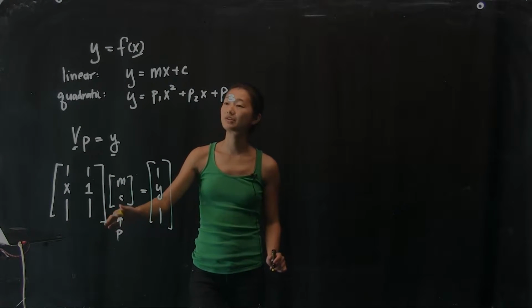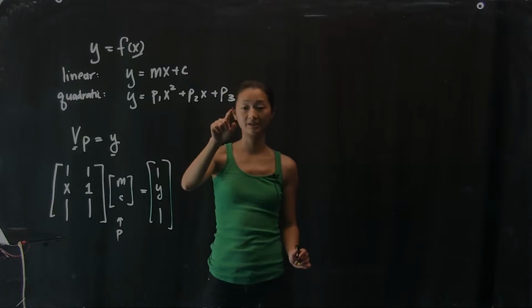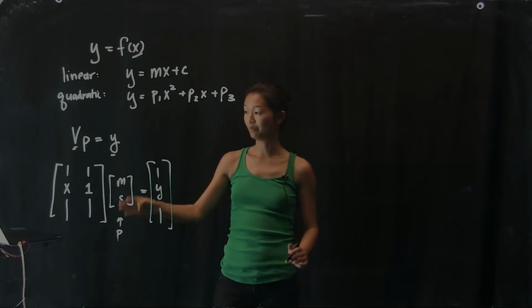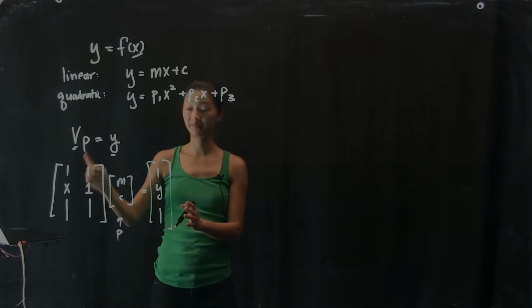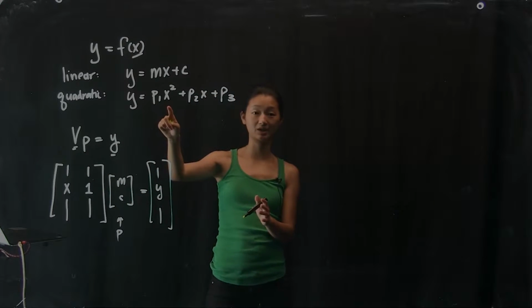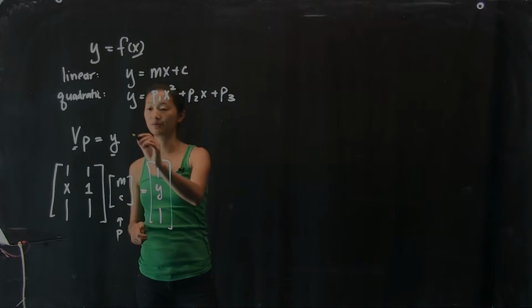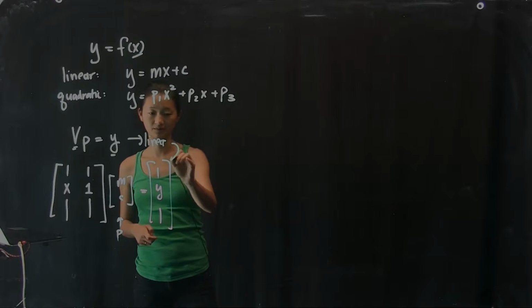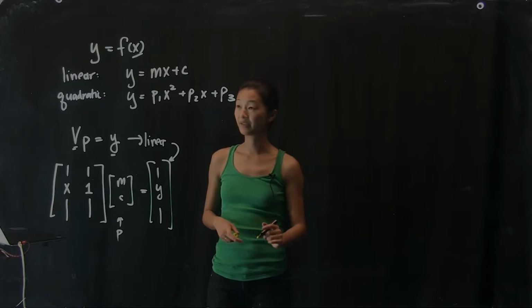Now, if you notice, the functional form of the quadratic equation is closely related to the form of what we wrote here. So we're going to build a very similar matrix to this V matrix that accounts for the extra term, which is the x squared term. This version down here is linear.